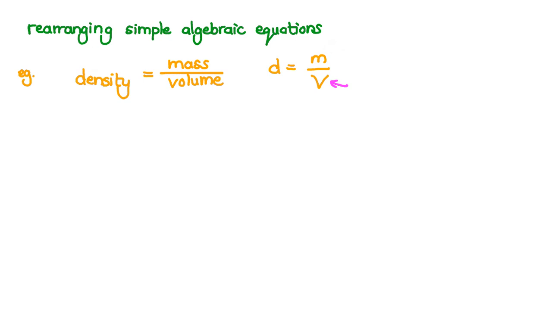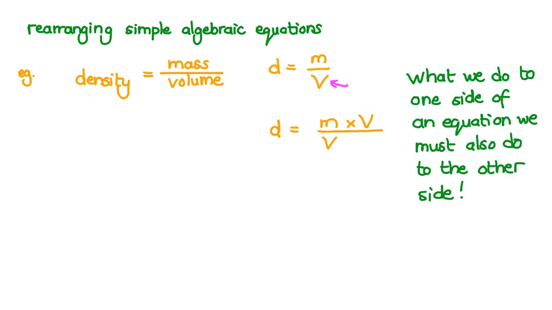Volume is in the denominator, so we need to multiply by volume in the numerator so that the 2 volumes can cancel. But the golden rule is what we do to one side of an equation, we must also do to the other side. This is to ensure that the equal sign still is true. One side must still equal the other side. And so we also multiply by volume on the left-hand side of the equation. Now the 2 volumes on the right-hand side of the equation can cancel, and we are left with V times D equals M, which is the same as M equals V times D.